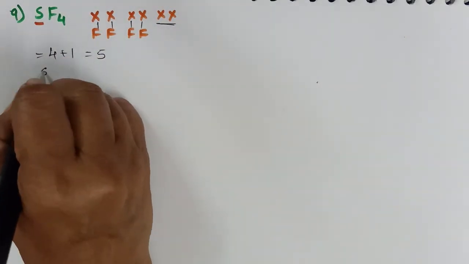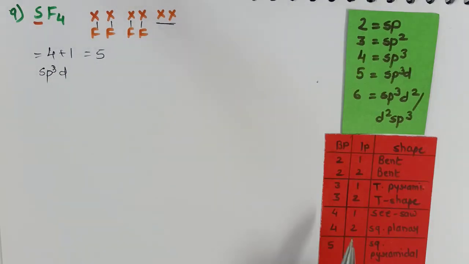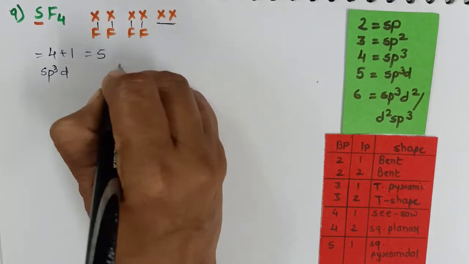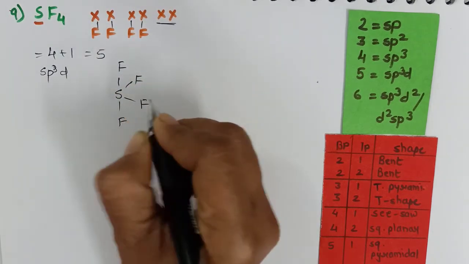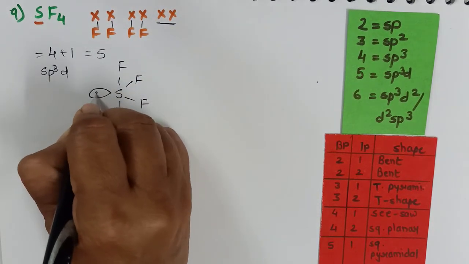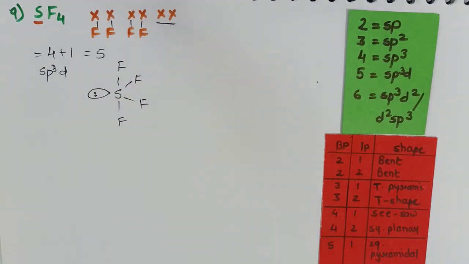So it undergoes sp3d hybridization. With 4 bond pairs and 1 lone pair, it will exhibit seesaw geometry. This will be 1 lone pair and this exhibits seesaw geometry.